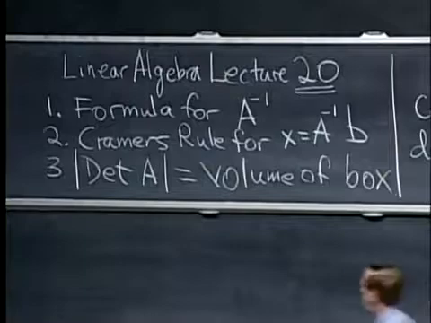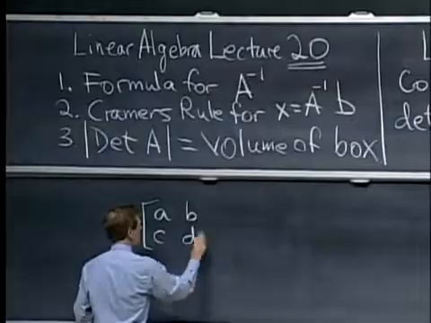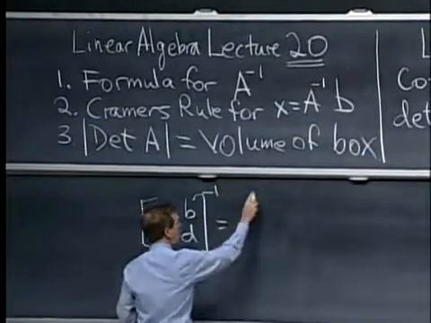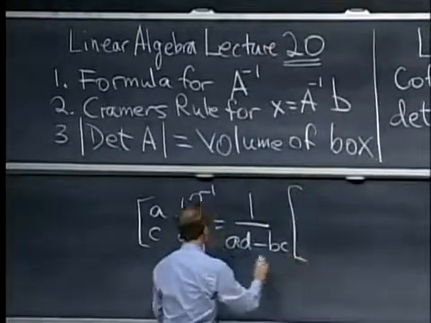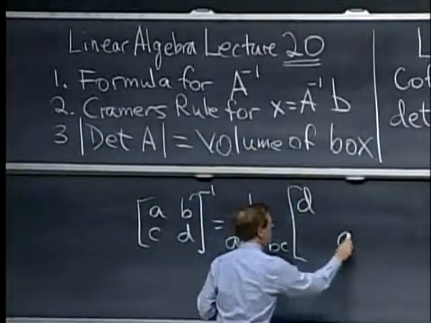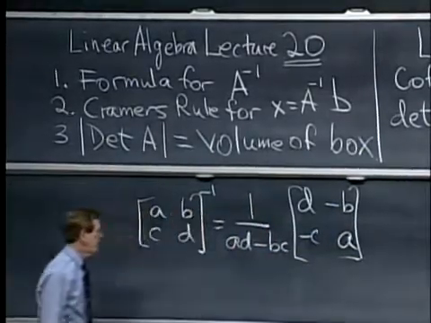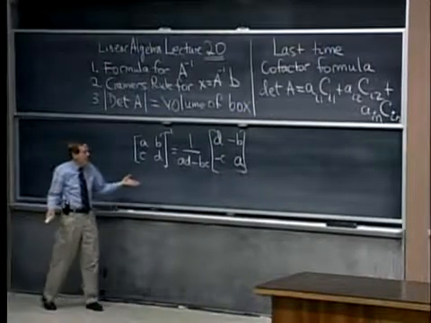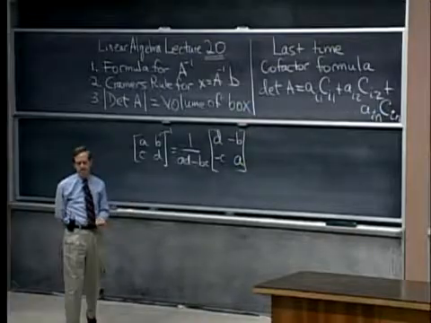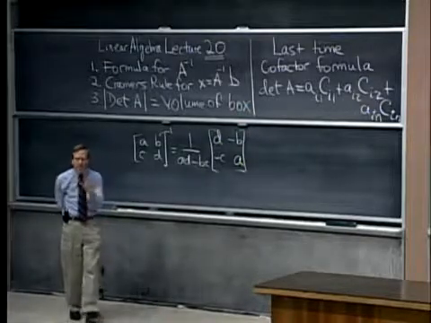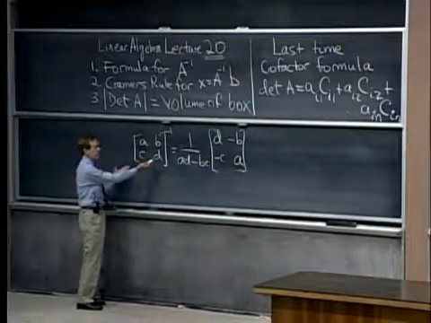The 2 by 2 formula for A inverse, the inverse of A, B, C, D, is 1 over the determinant times D, A, minus B, minus C. Somehow, I want to see what's going on for 3 by 3 and n by n. And actually, maybe you can see what's going on from this 2 by 2 case. So there's a formula for the inverse.